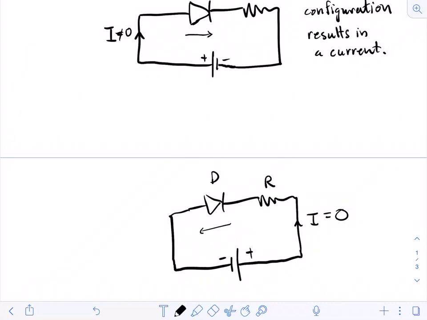In this situation, the battery would try to cause a current to flow in the direction that's not allowed by the diode. So this configuration results in no current.